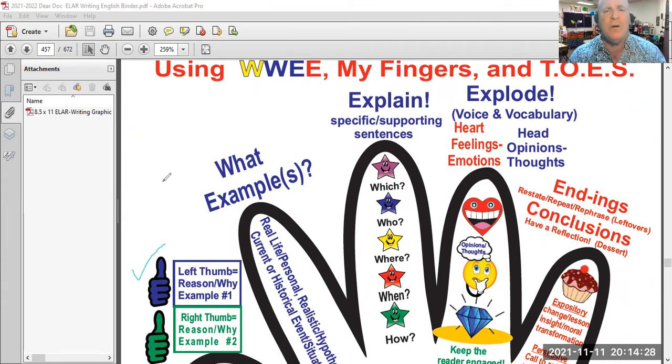And there's no magic number, but what I'm saying is, for each reason or example that you give, you want to try and spend as many sentences as you can, anywhere between your grade, we'll say 4th grade students, up to your age. 4th grade, 4 sentences, up to my age.